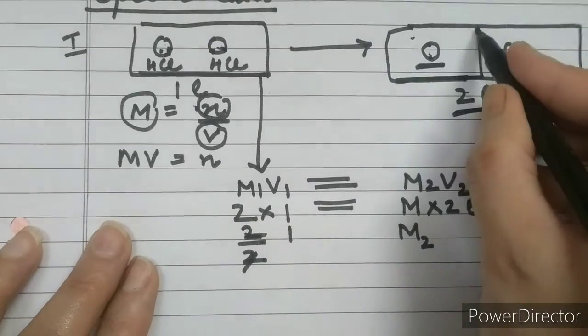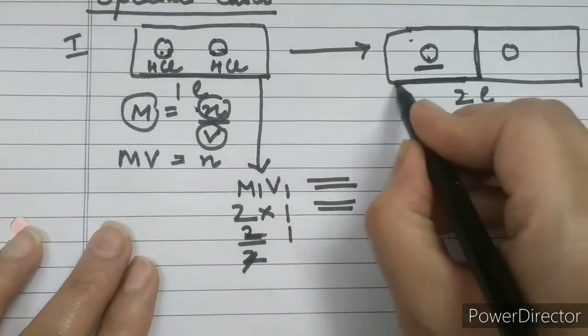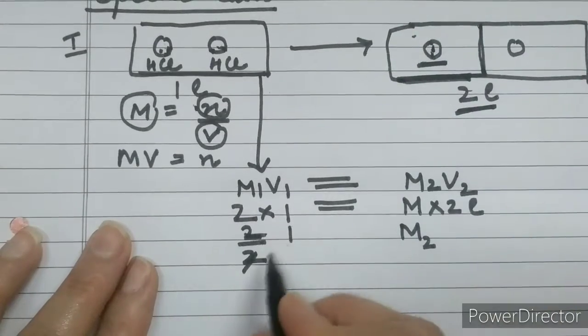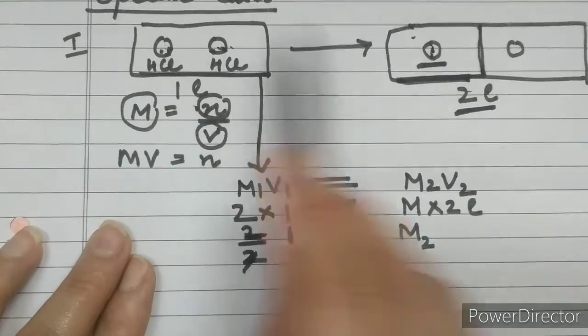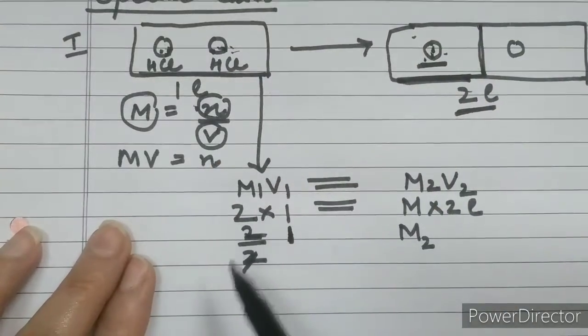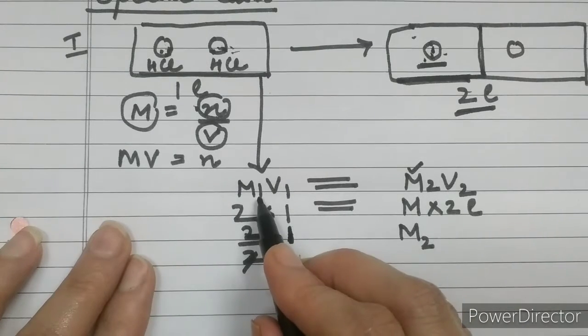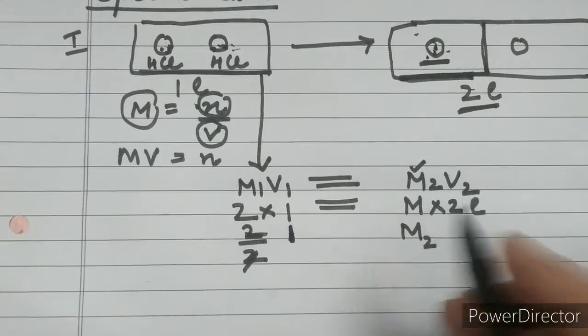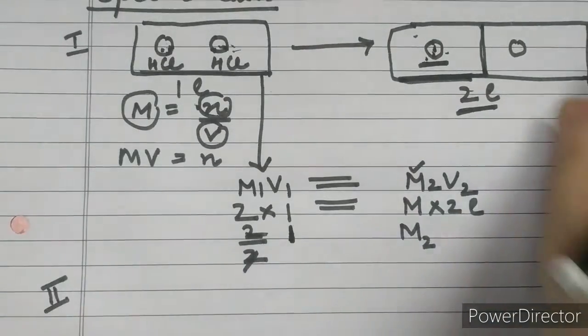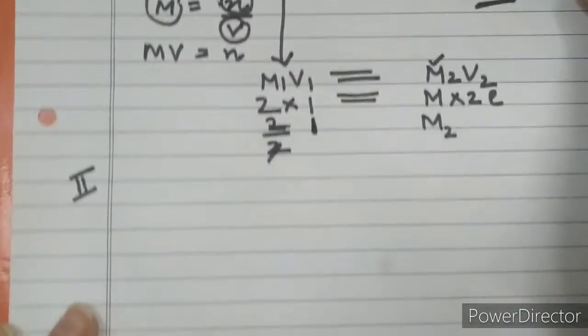And we already know that according to our hypothetical example, it is 1 mole per liter. That means whenever we dilute a solution, our formula to find the new molarity will be M1V1 equals M2V2.